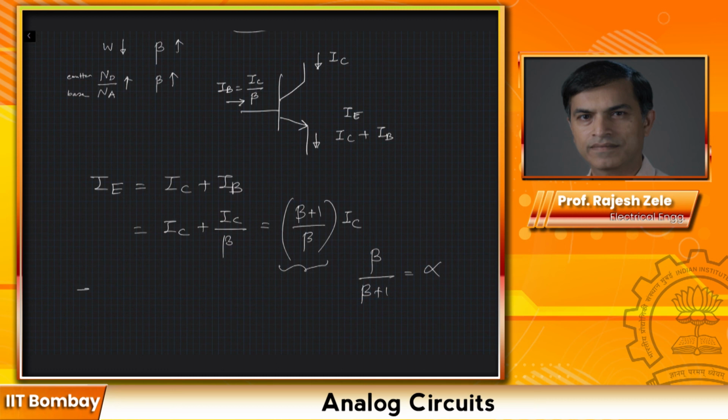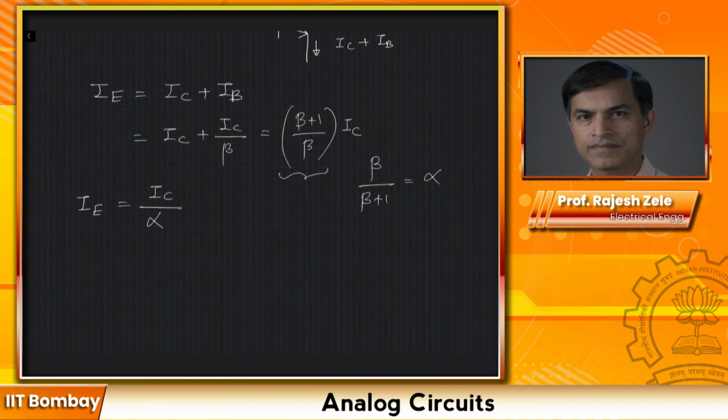Okay, so the emitter current is then given by the collector current divided by alpha. Alpha is obviously less than 1. Then we can write this expression as IS divided by alpha times exponential VBE divided by VT.